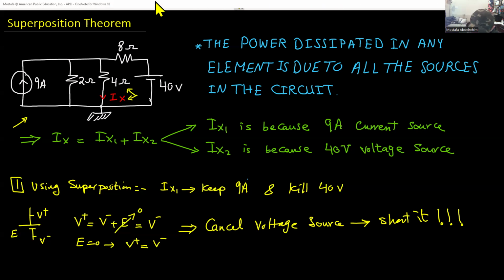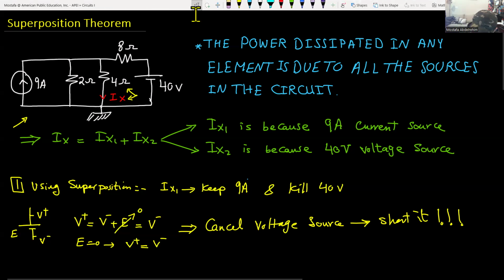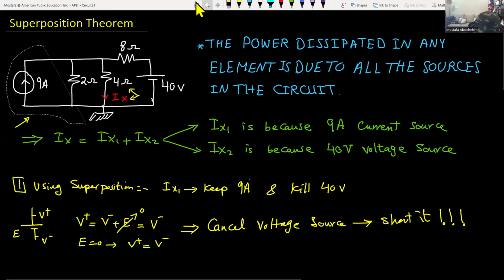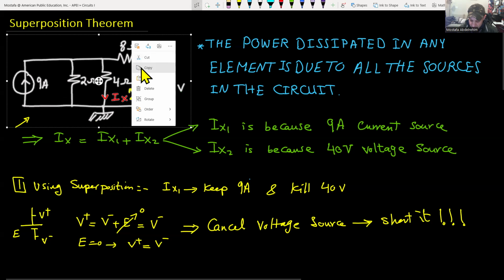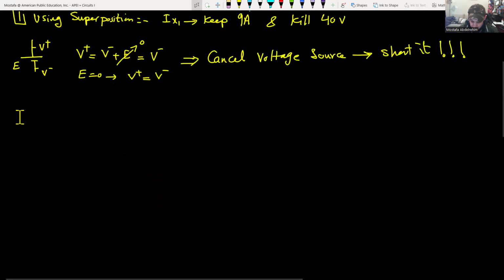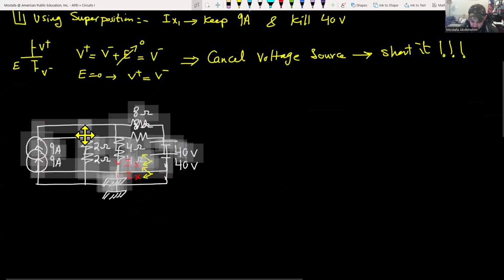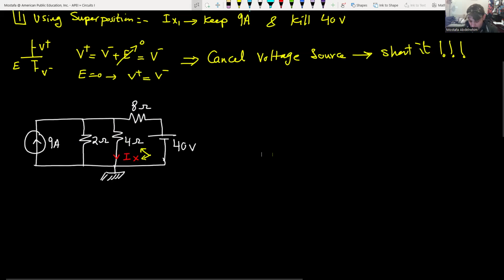So we're gonna have the same circuit. Let's copy and paste it. I'm gonna now short the voltage source, so we make a short like that. There is no more 40 volt.